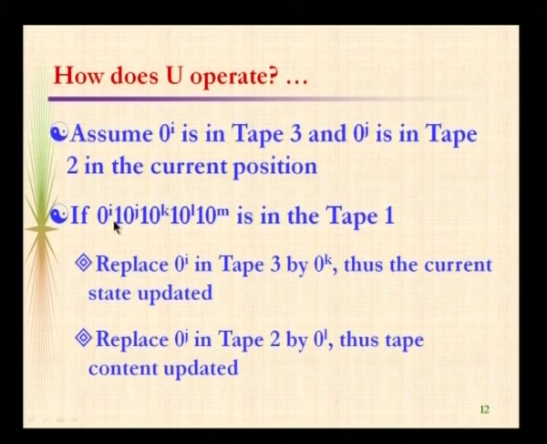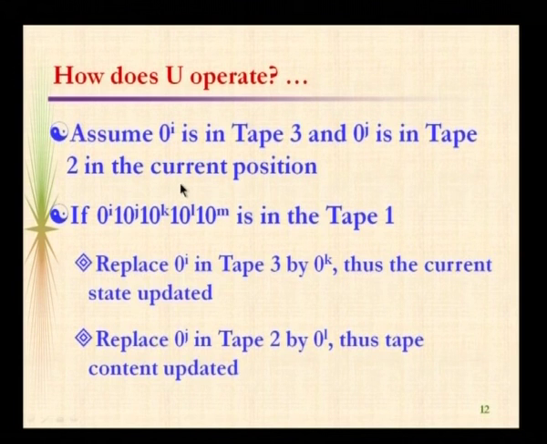So this could be interpreted as delta of Qi comma the jth symbol, the output is Qk comma the lth symbol, maybe some XL, the direction to move is the mth direction. So now we need to execute this output.